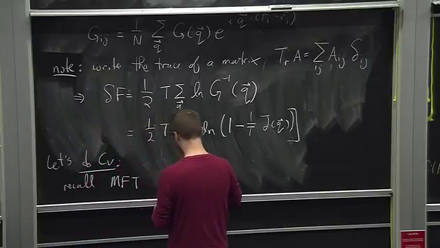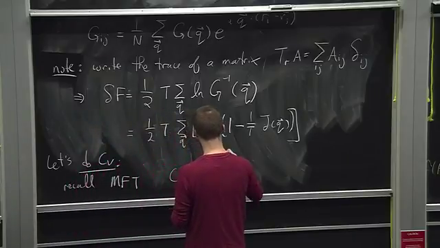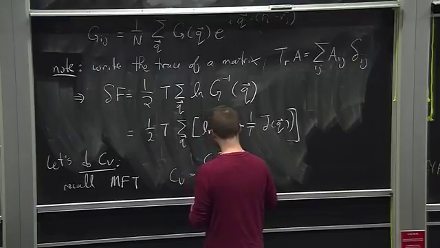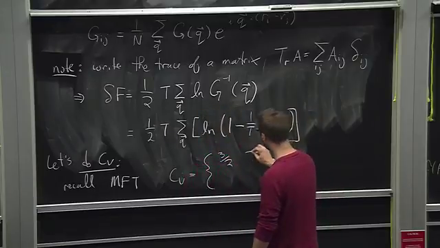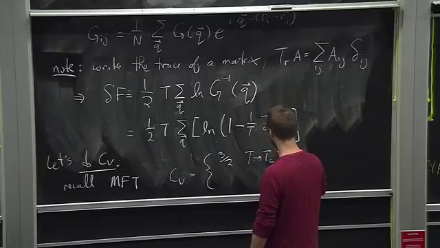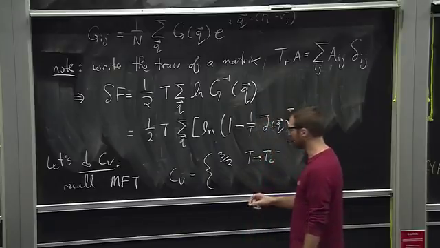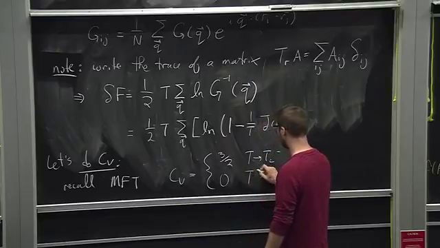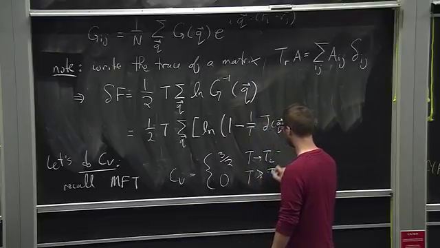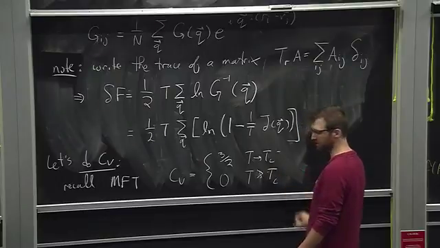So C_V went as 3/2 if you approach the critical temperature from below, so T goes to T_C minus, and then there's a discontinuity. Anywhere above T_C, you have a discontinuity.